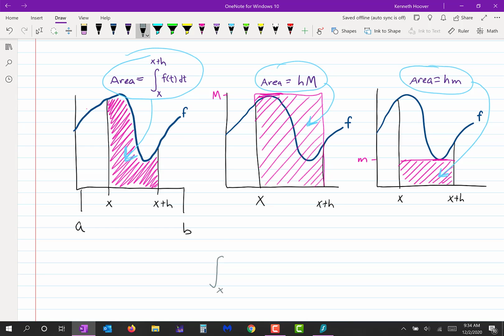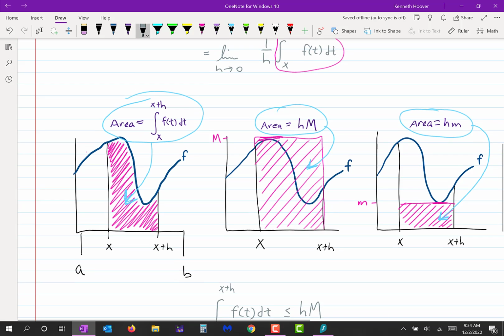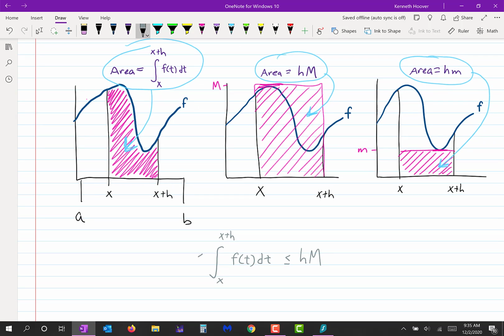This amount of area, which is in the first picture, is definitely less than or equal to the amount of area in the second picture, and it is definitely greater than or equal to the amount of area in the third picture. That's the important point. Okay?